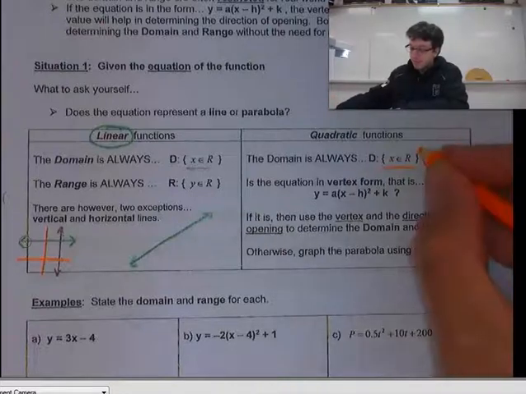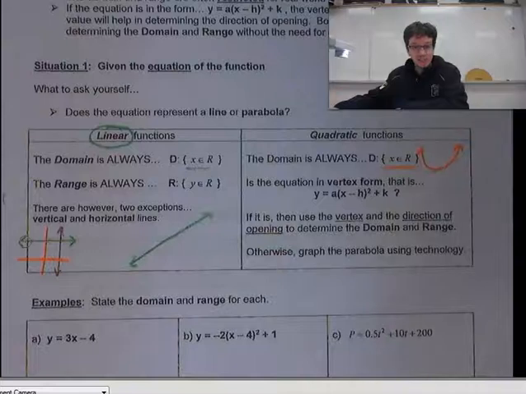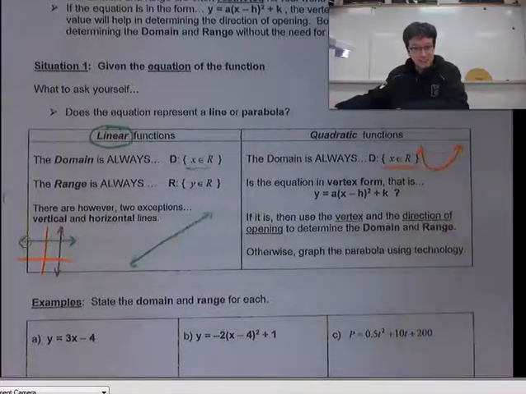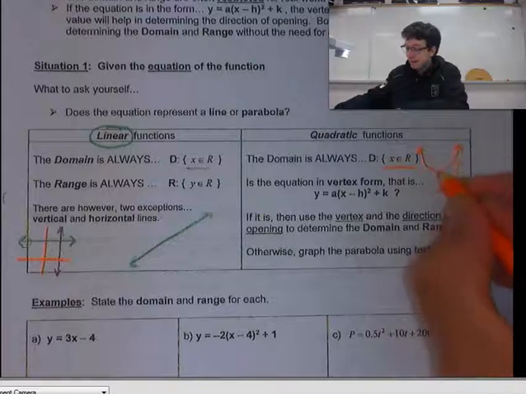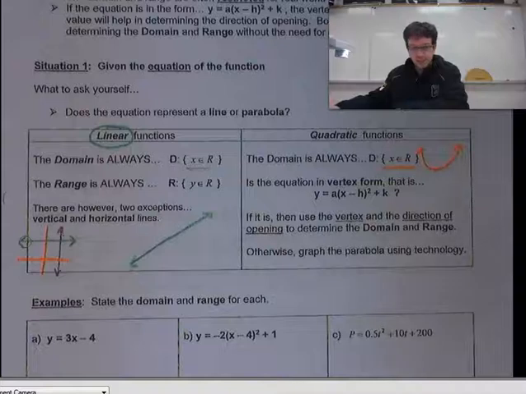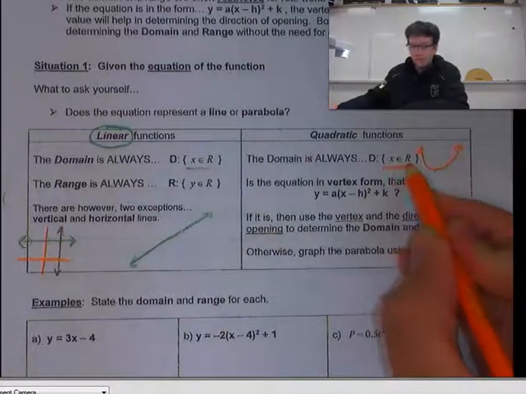But these are continuous. Because they're continuous, they would exist for any point where the line exists. Even your x value could be 2.187654392, and it would exist there. So that's an infinite amount of numbers to write. So instead of writing an infinite number of numbers, we write that it's all real numbers.